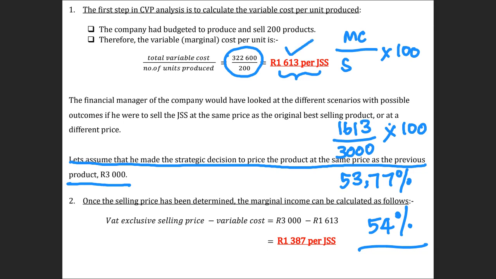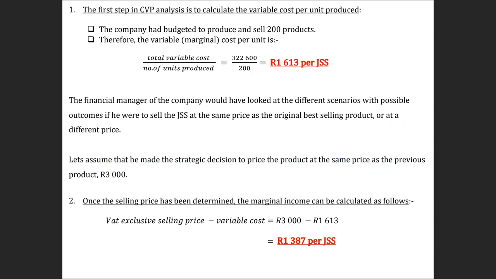We got the marginal cost as a rand figure, and then we also calculated it as a ratio here. Then we have your marginal income. Remember, marginal income is your sales figure less your variable cost, or your marginal cost. So 3,000 Rand is your sales figure.